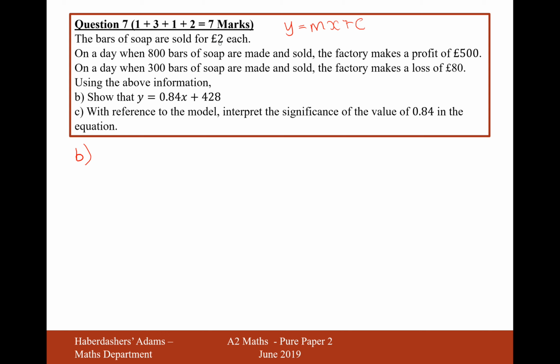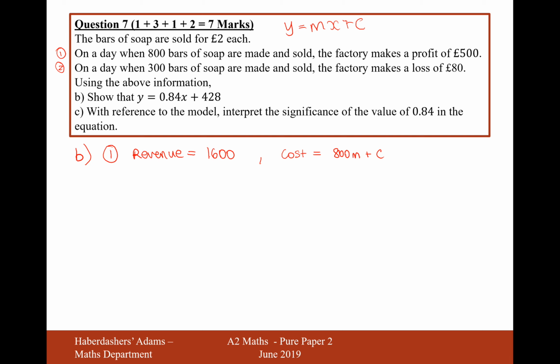If each bar of soap is sold for £2, then on day 1 the revenue, that's how much money they take over the cash register, is going to be £1,600. The cost, if we make 800 bars of soap, is going to be 800m plus c.